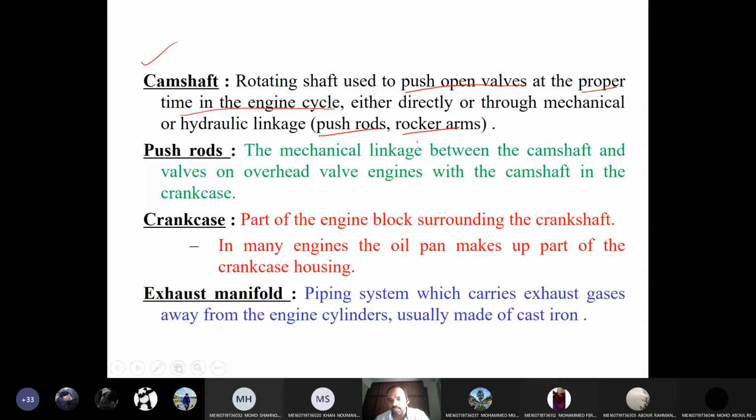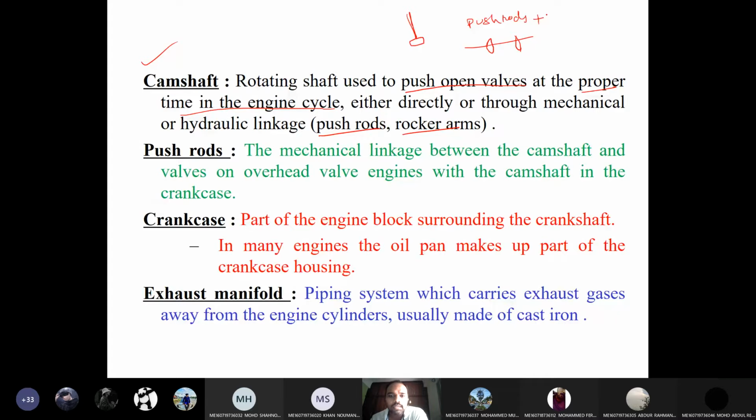I will show you in the next slide how push rods are there, how they are going to operate the valves. Okay, so the mechanical linkage between, because I have camshaft over here and I have valves over here. How are these valves and camshaft connected?